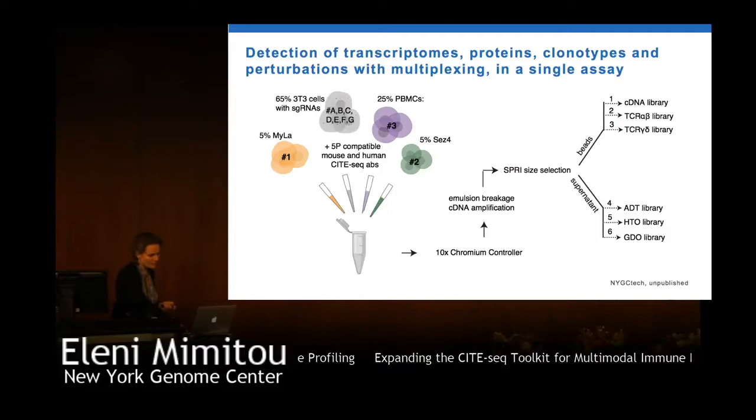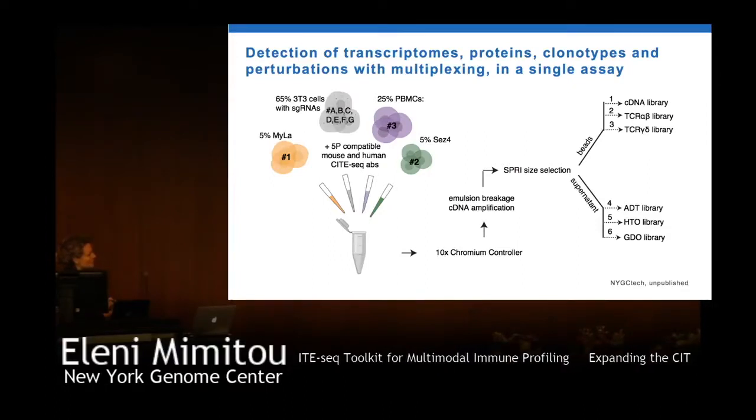So here I'm showing you transcriptome-based clustering, and the big population is the mouse cells, that was 65% of the sample. The smaller populations, again overlaid and highlighted in color, show the human hashing counts. Purple for the PBMCs, orange for the myeloma lymphoma cell line, and green for the Sézary cell line.